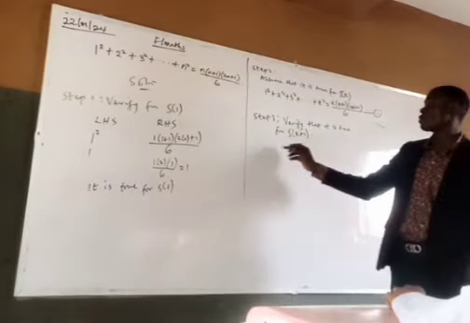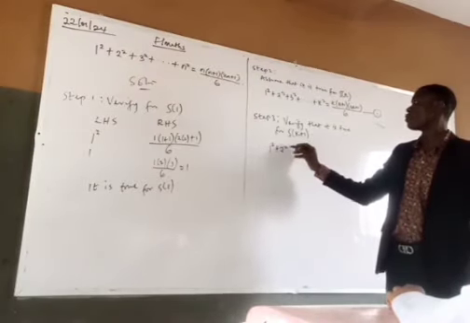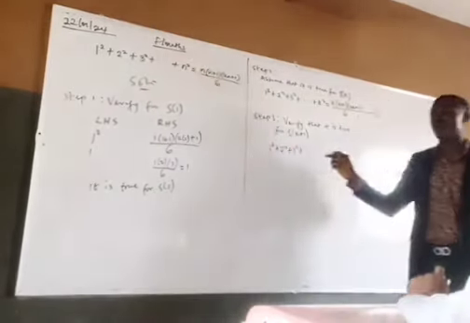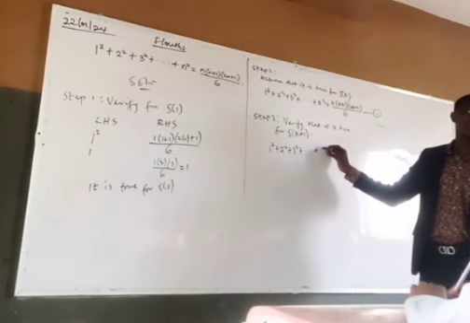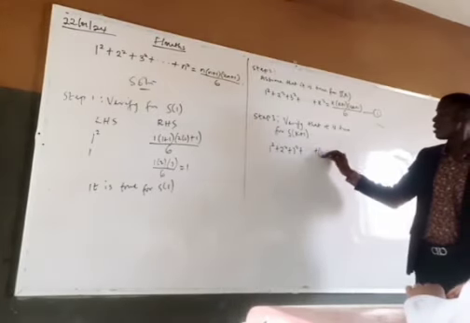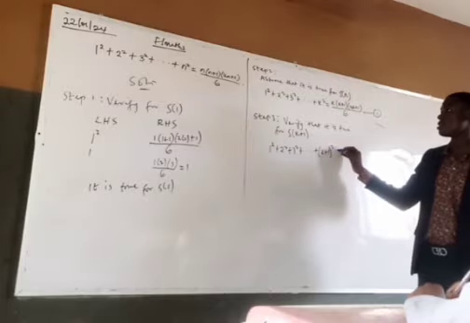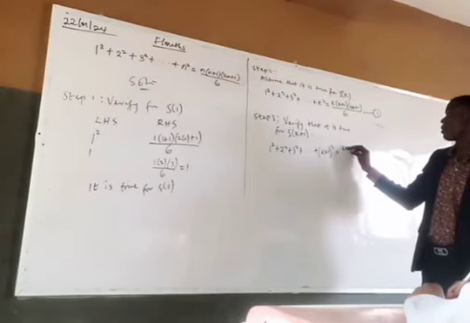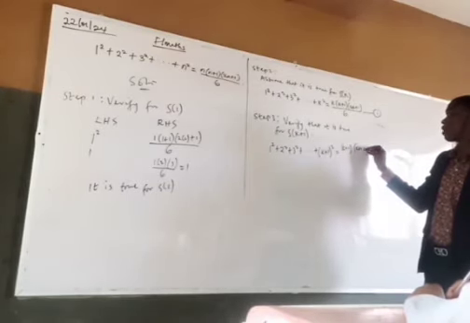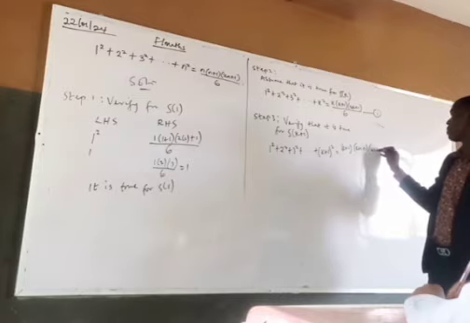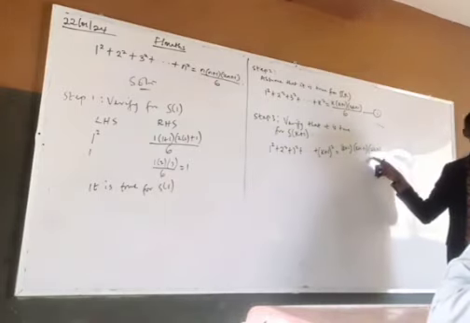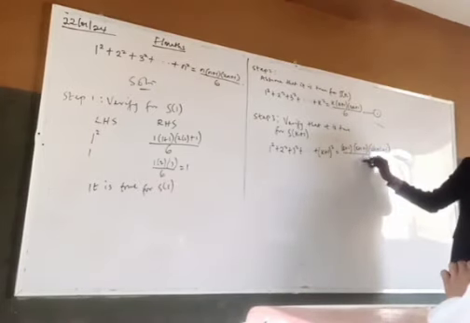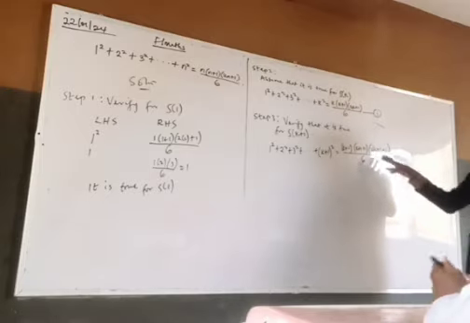So for S of k plus 1, we have 1 squared, 2 squared, 3 squared, up to k plus 1 squared, equal to, instead of n here, k plus 1, then k plus 1 plus 1, 2k plus 1. I'll put it in brackets, that's 2n, so 2k plus 1 plus 1, everything over 6.